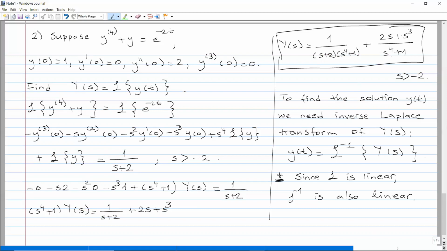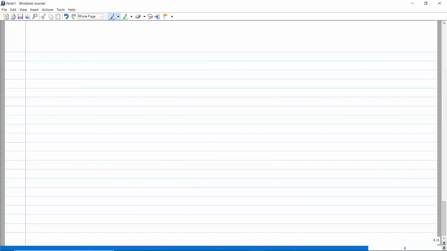And as you see from the examples, basically our function, capital Y, is going to be a rational function, a polynomial in s divided by another polynomial in s. And we are going to use partial fractions to write our function.